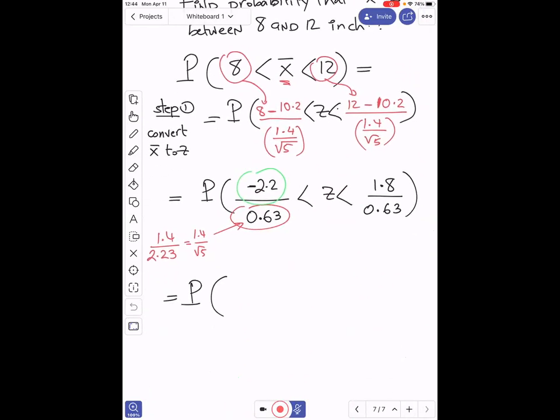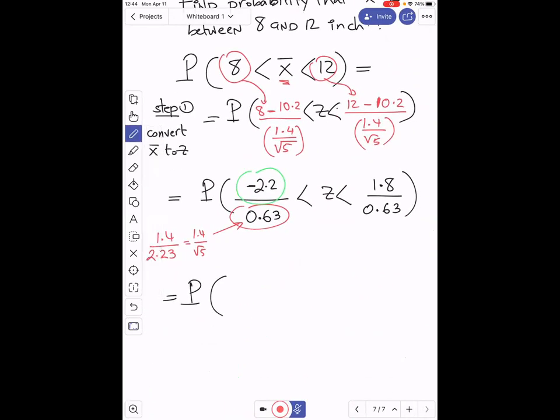So it's negative 2.2 over 0.63, so it's negative 3.49, I think. And then you have your z for 1.8 over 0.63, that's 2.86.